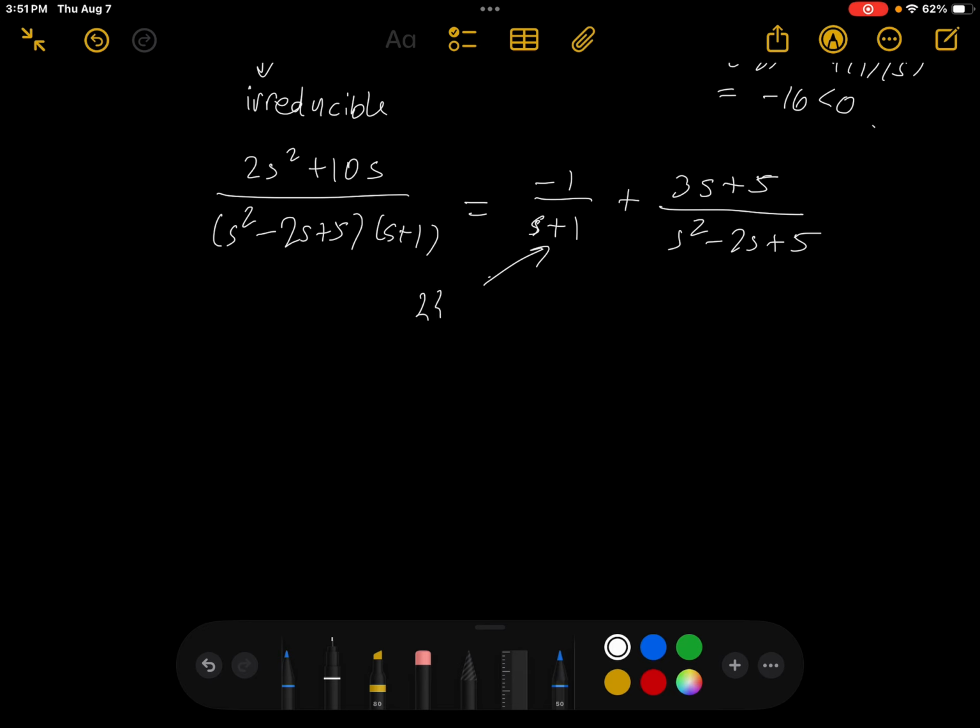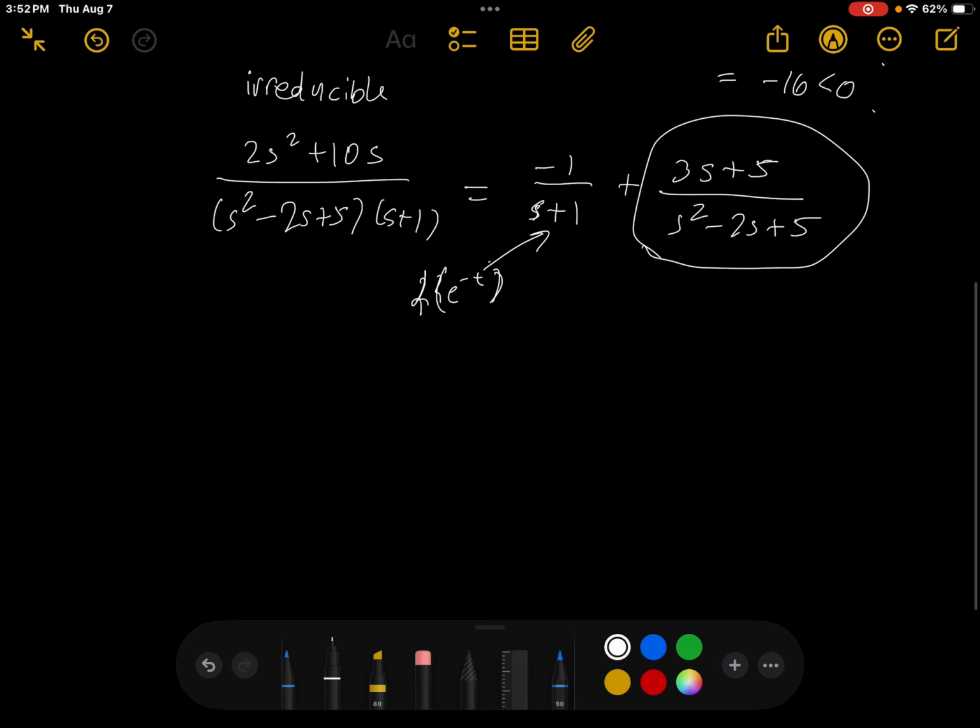Okay, that's the Laplace transform of e to the minus t. But the question is, what is the inverse Laplace transform of this part? (3s plus 5) over (s squared minus 2s plus 5). So the question is, how do you find the inverse Laplace transform of functions that look like this, where you have a linear over a quadratic?